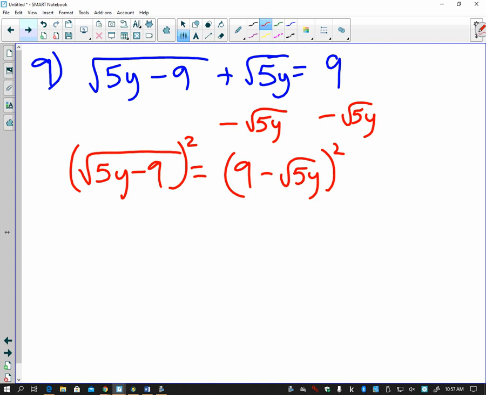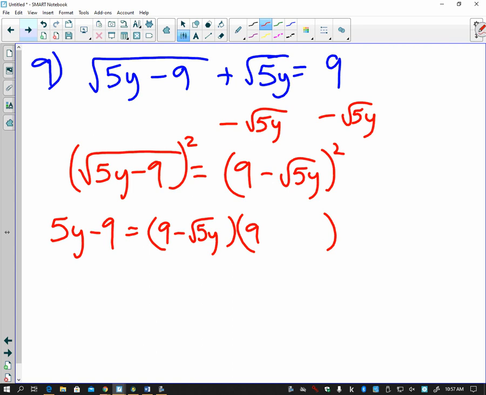But I know, because we talked about this, right? I know what you're going to forget to do. You're going to do this, right? And this is correct. But what you guys probably did here is you wrote 81 minus 5y. What do I actually need to consider this to be? FOIL: 9 minus radical 5y times 9 minus radical 5y, which does make the equation longer, okay?